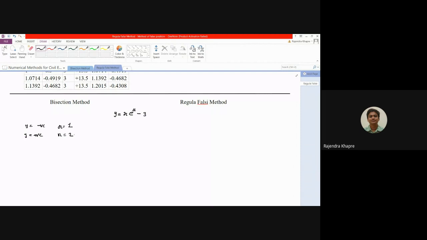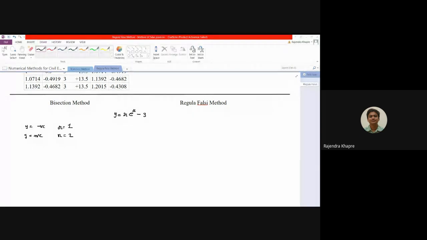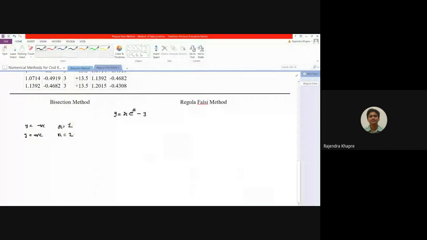I want all of you to prepare two tables. First try to find the solution with the bisection method, and then with the Regula Falsi method. I suggest you go for the bisection method up to just 5 iterations, and see what values of xm you are getting. Please start working on this.